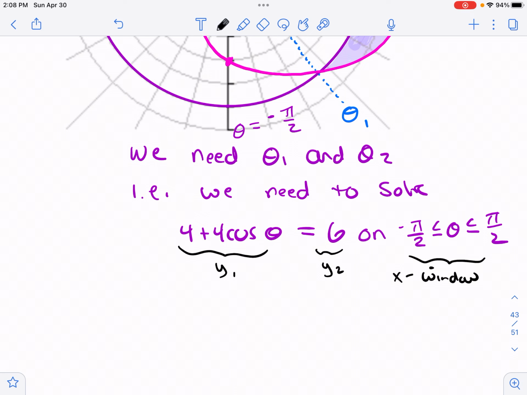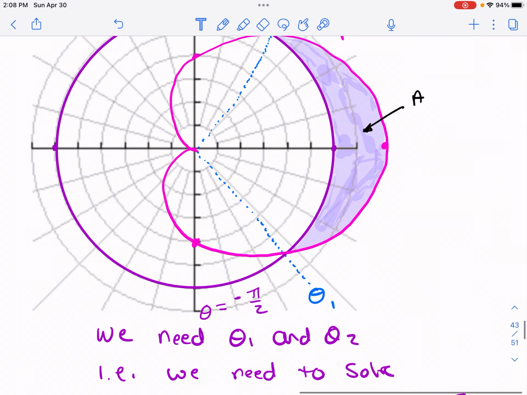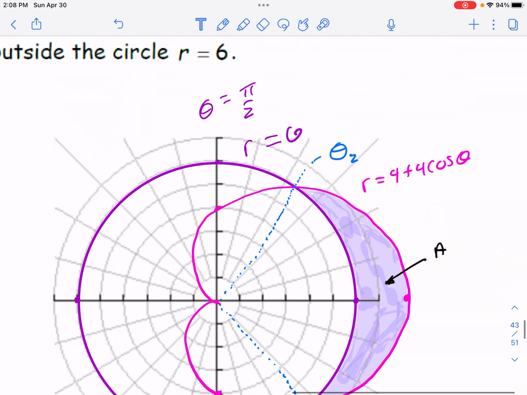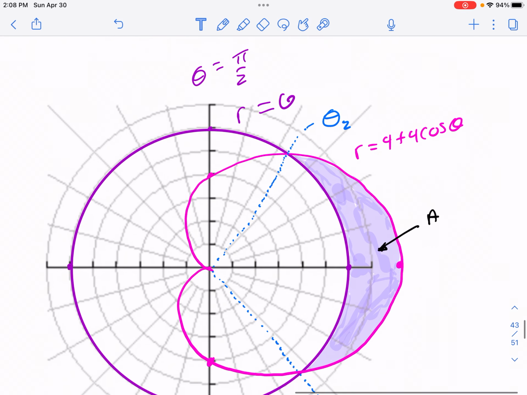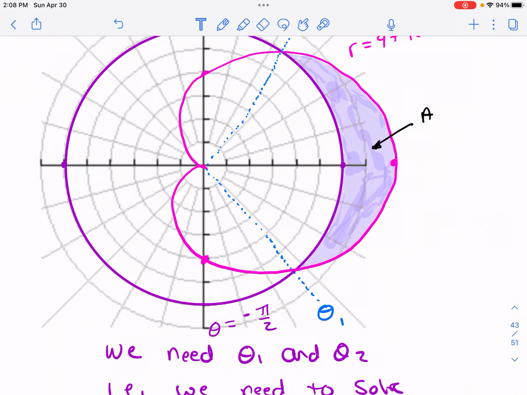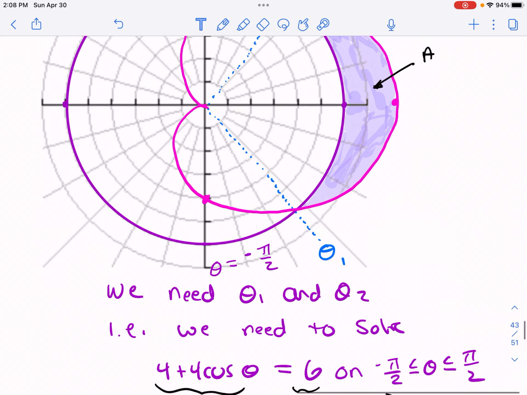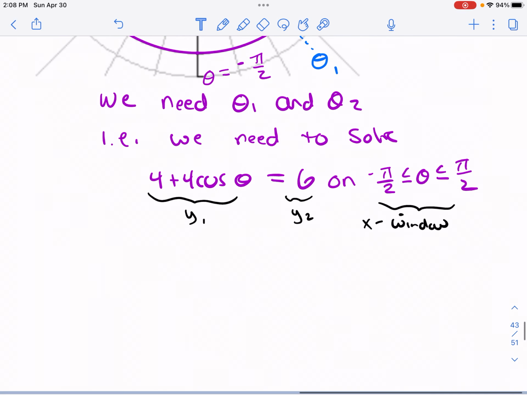Then, for our y window, the biggest r value is 8, and remember r is your dependent variable, so it will be y in Cartesian. I'm going to make my y window maybe negative 9 to 9. We'll see what that looks like.